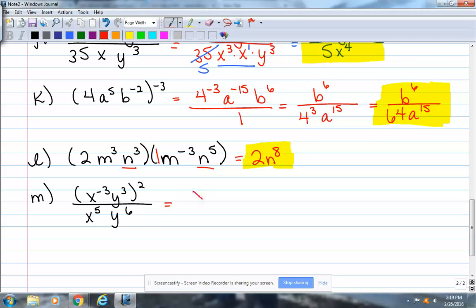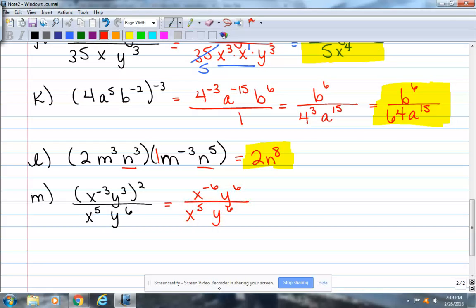So that's going to be x to the what? -6. Power of a power, we multiply. Y to the what? +6. Over x to the 5th, y to the 6th.